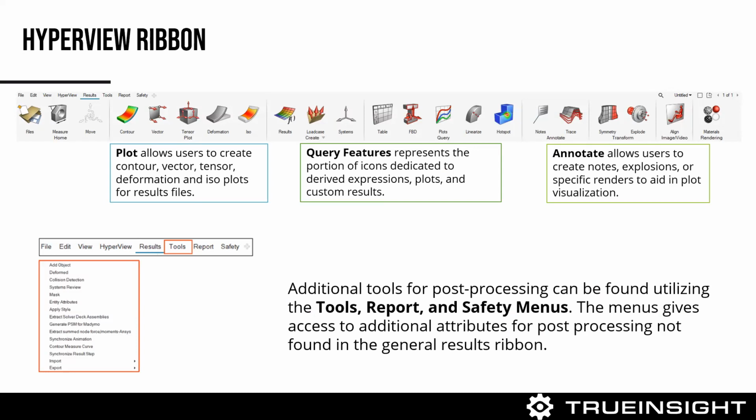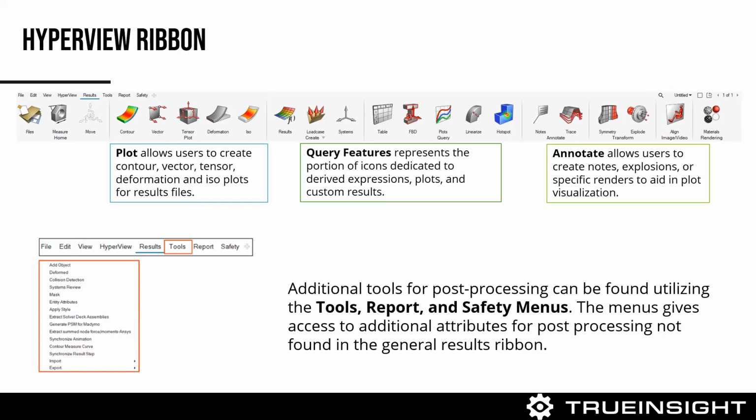Then there are the Query features, which are one of the big powers of HyperView. Specifically, we can create derived expressions. Prior to entering the reseller space, I spent a large bit of time in the energy industry as a design engineer. A lot of the time we had specific code requirements that weren't just traditional stress, like von Mises stress.